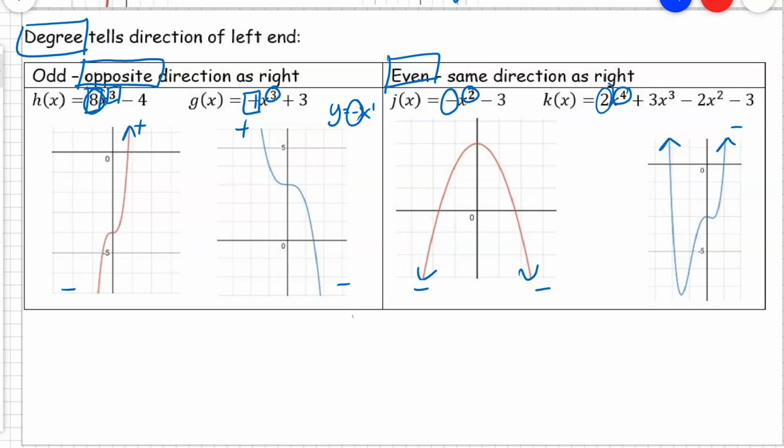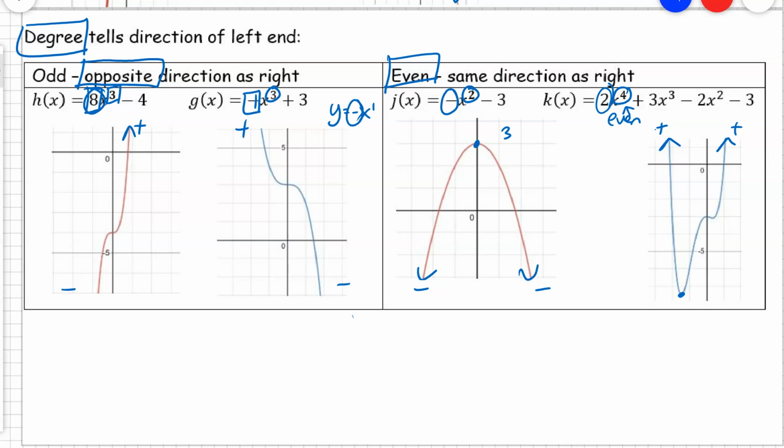If we start off positive on the right side, the left side's going to be positive because this exponent is even. This also gets into the maximum and minimum, because our maximum here is only going to be 3 overall. We're never going to go to positive infinity with the range on this one. So this is going to affect range depending upon the degree.